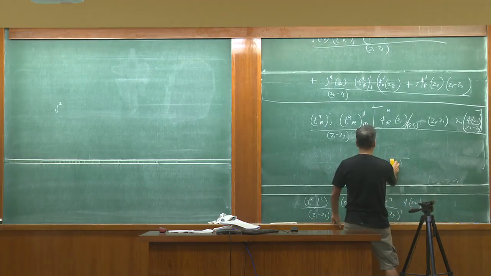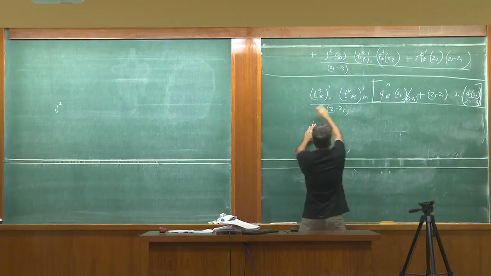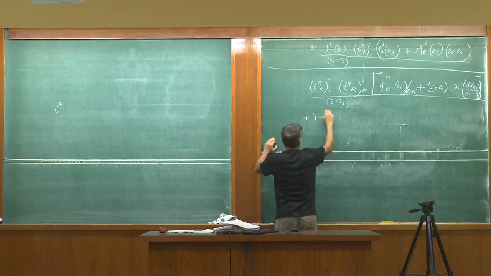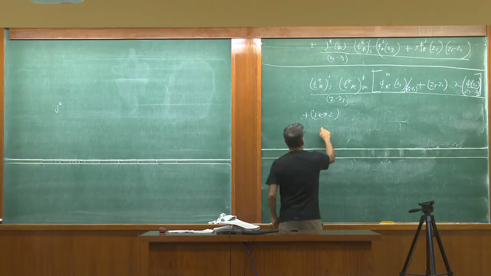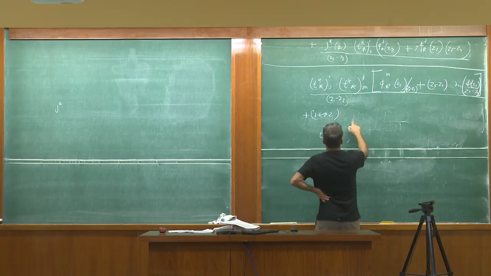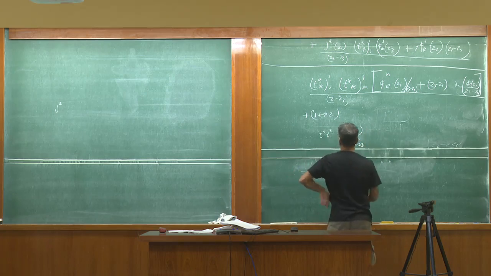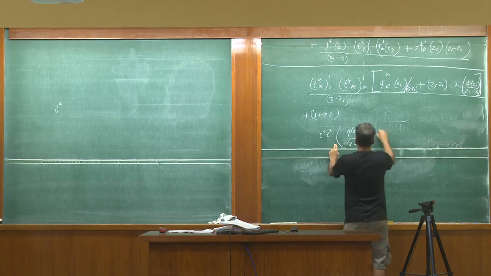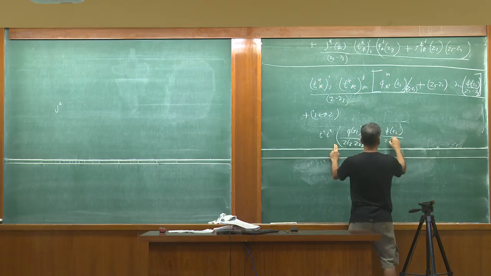Oh, did I rub out what we needed? I'm so sorry. There was this plus Z1 goes to Z2, right? Now let me just add it up and see what we get. So we get TA, now we have phi Z1 divided by Z13 Z23 plus phi Z2 divided by Z23 Z13.